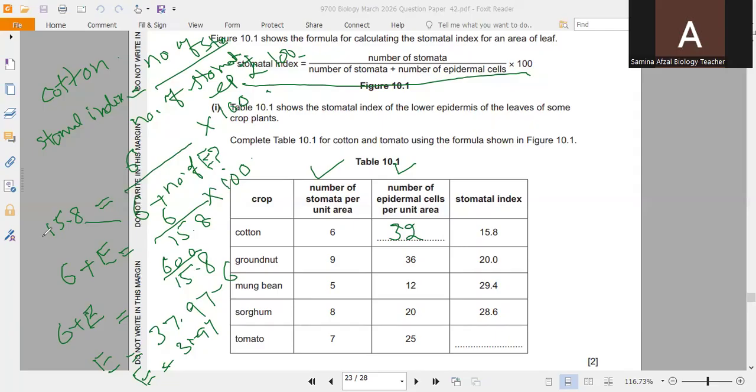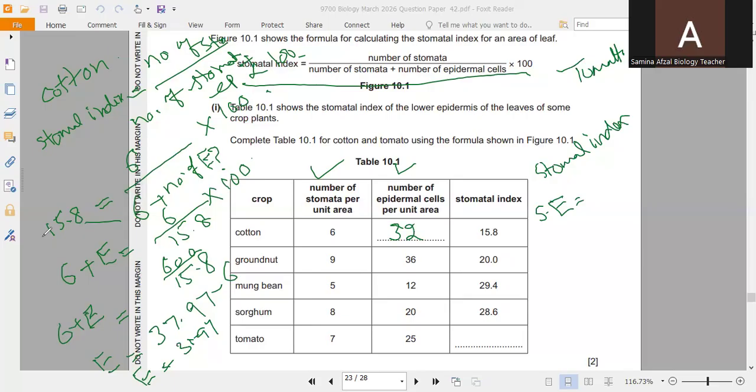Now the other value which we have to find out is for tomato, and we have to find out the stomatal index. Stomatal index is equal to number of stomata.